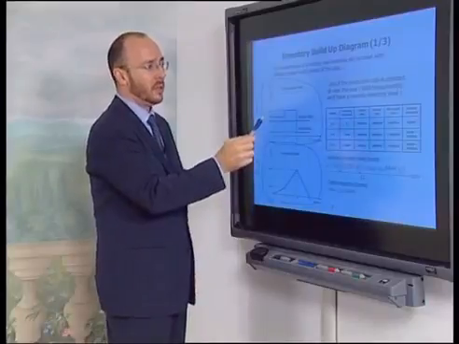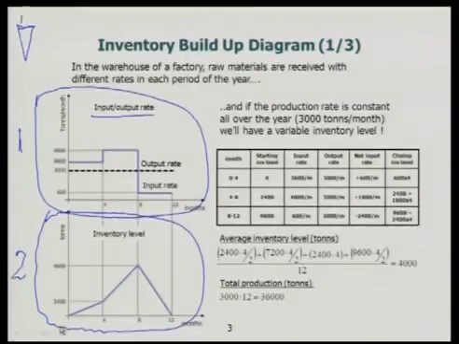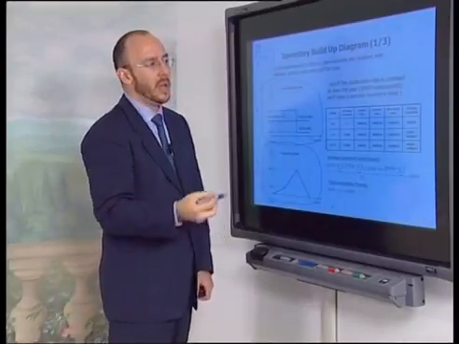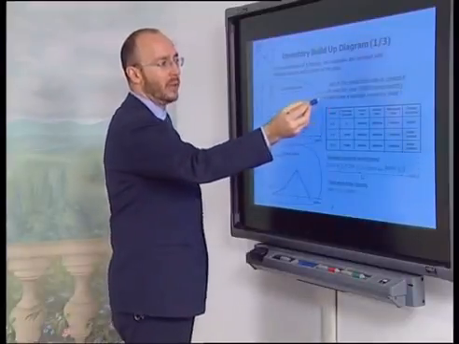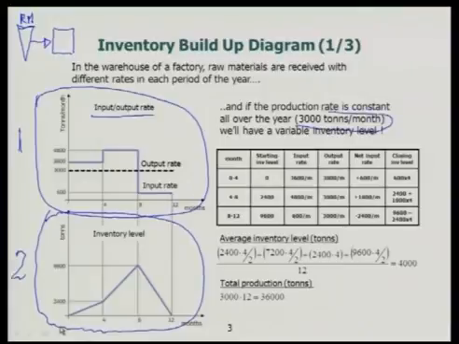Okay. Let's imagine that this is the first warehouse of raw materials. Raw materials that feed a workstation, a factory, which can be modeled like a workstation, and this workstation has a constant production rate, which is 3,000 tons per month.